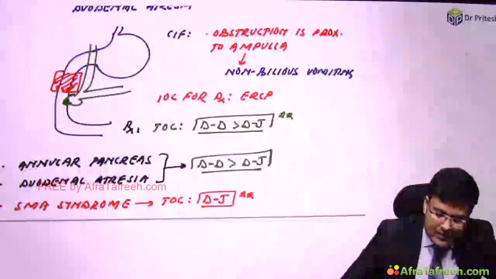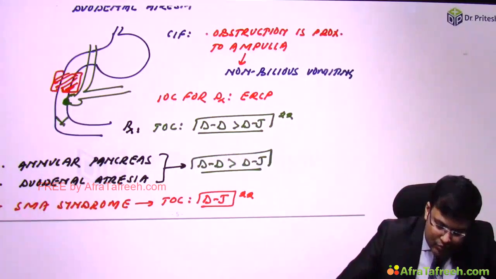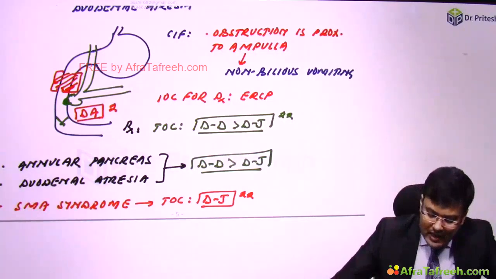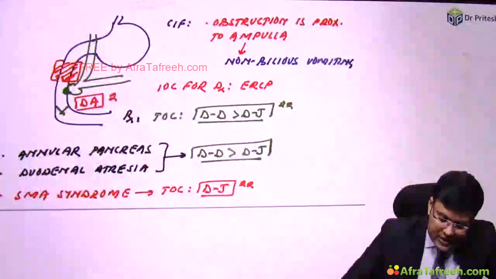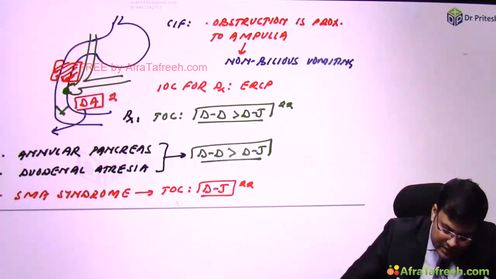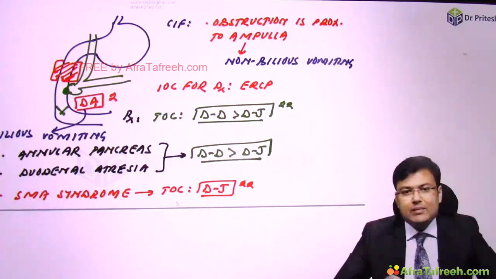See, the difference is that in duodenal atresia, the obstruction is distal to the ampulla. That's why, to differentiate, in patients of duodenal atresia there is bilious vomiting.